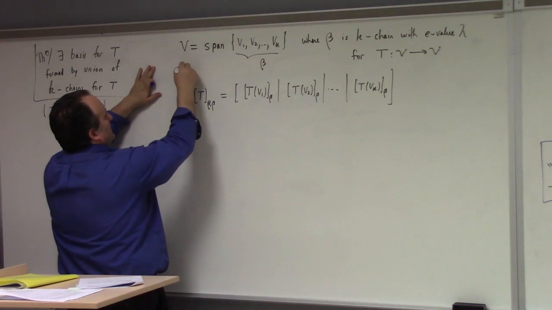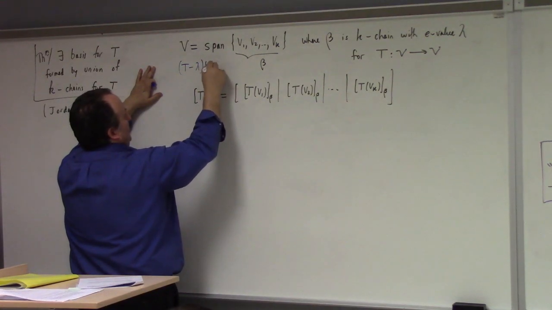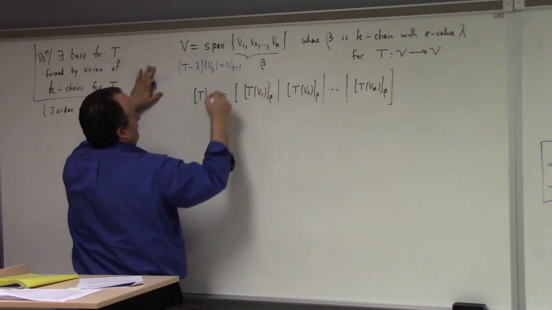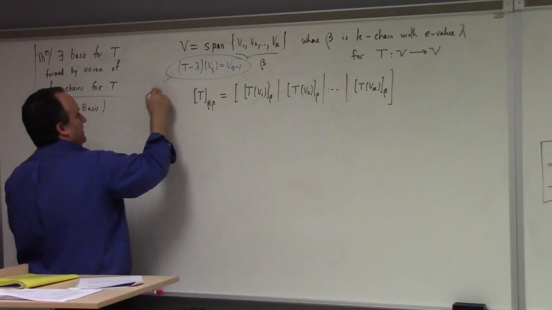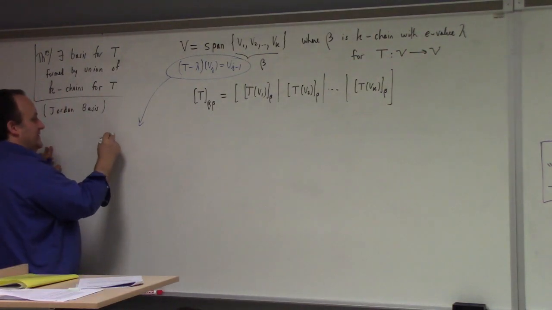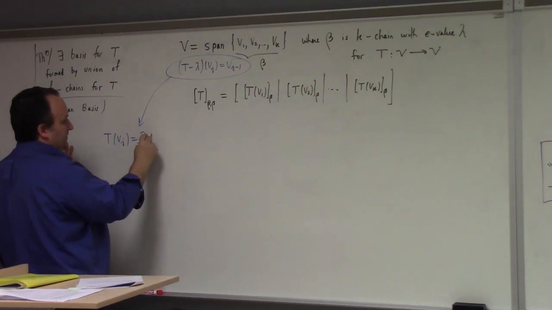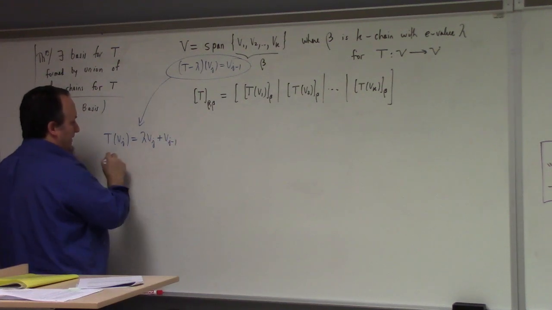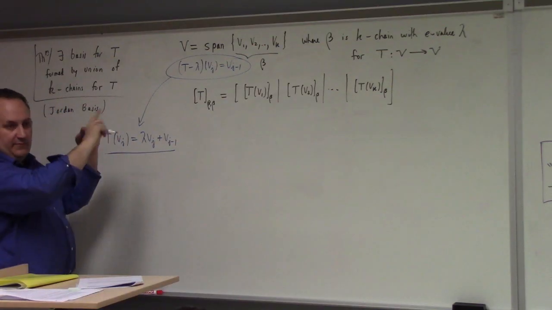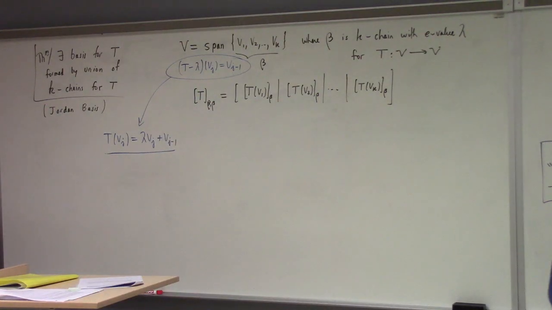It was (T minus lambda) acting on vj is equal to v(j minus 1). Let's rewrite that a little bit. What that says is that T of vj is equal to lambda vj plus v(j minus 1). I'm just rewriting that equation in a way which is profitable for the current question, namely, what's the matrix of the transformation with respect to a k-chain?